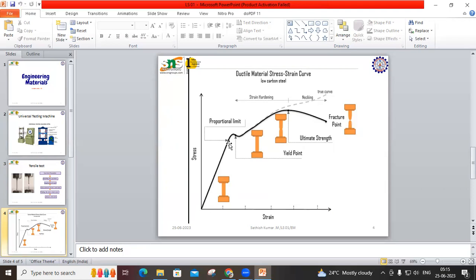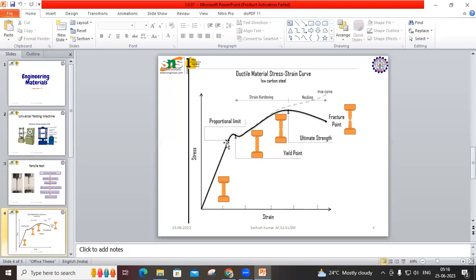Stress and strain increase correspondingly, so we get a straight line. Up to the proportional limit, Hooke proposed a law, that is Hooke's law: within the elastic limit, stress is directly proportional to strain.